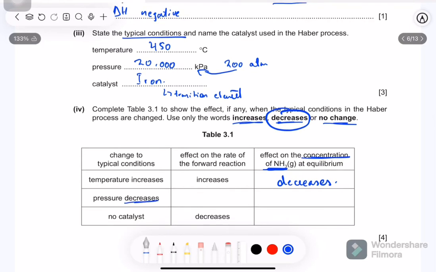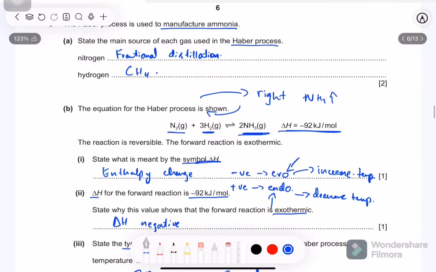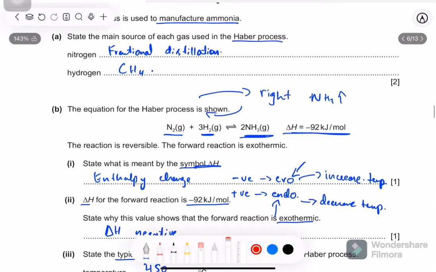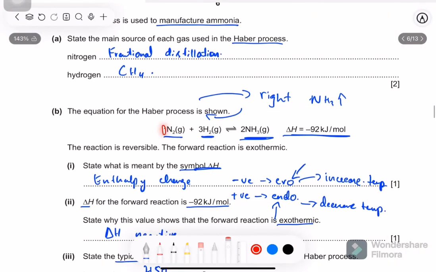When the pressure decreases, now when referring to pressure changes with respect to the change in equilibrium, we have to see the number of gas moles on either side of the equilibrium. Here you have 1 mole of nitrogen and 3 moles of hydrogen, totaling 4 moles. Here you have 2 moles of gas.